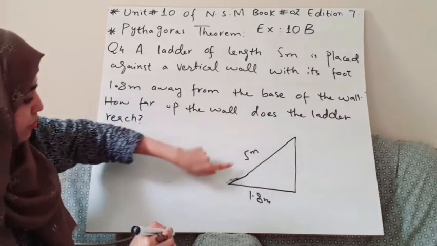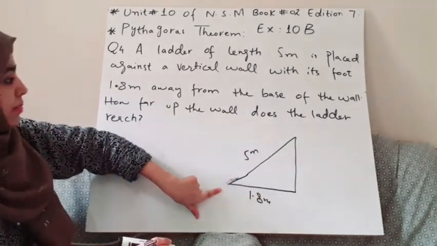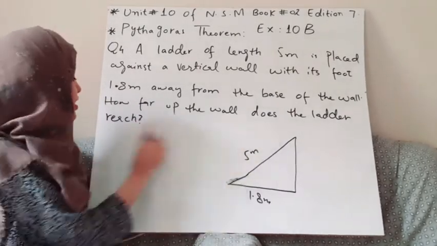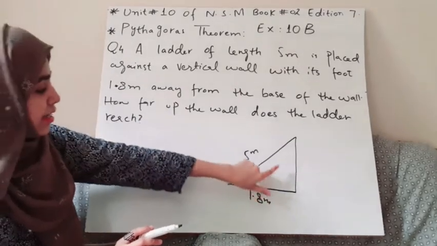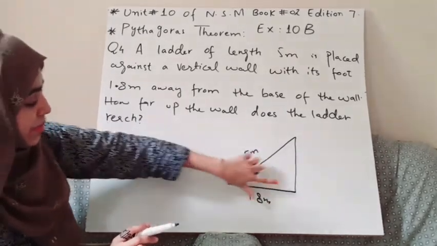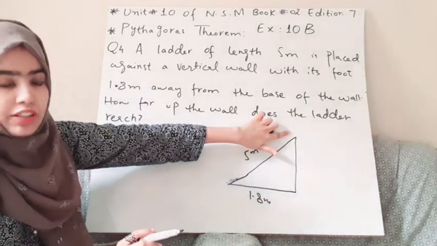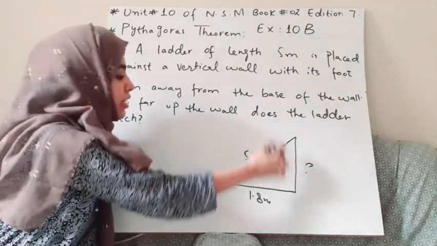So what are they asking? How far up the wall does the ladder reach? They are asking the distance from the base in the upward direction. So we have to find this length.